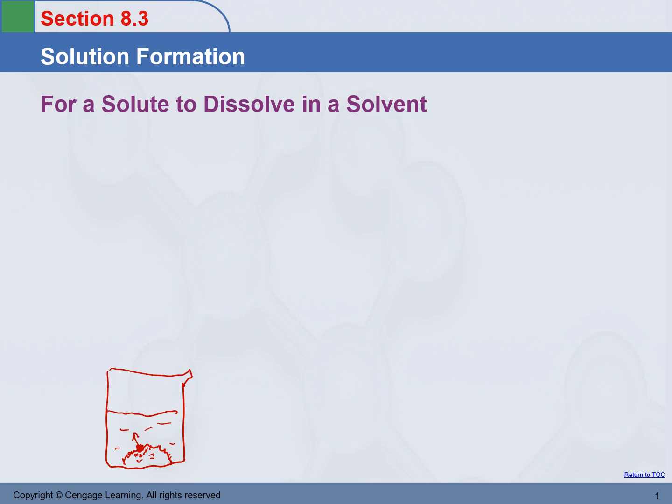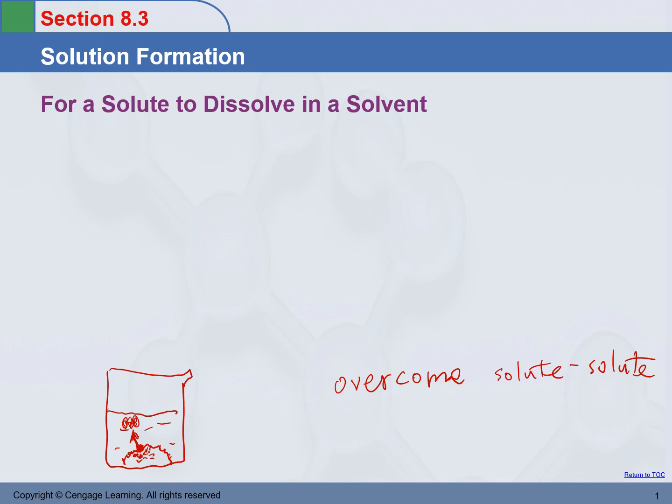So it has to overcome the interaction between the solute and the solute particles. It has to overcome the attraction between this particle and other solute particles around it. Number one. Number two, for this particle to go into the solvent, for example, to stay here, now, before this particle comes here, there are water molecules here that are attracting each other.